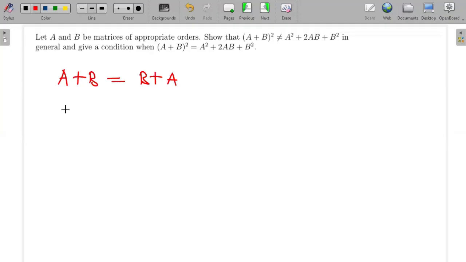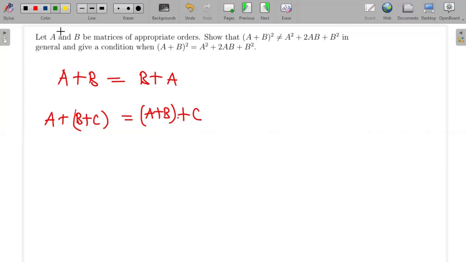Then the other one is that if I have three matrices, A, B, and C, then A plus (B plus C) is the same as (A plus B) plus C. It doesn't matter which expression is in the brackets, it's still going to give you the same answer. We say that's the property of associativity. So addition of matrices is associative.